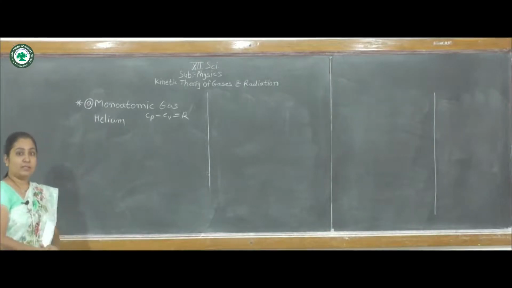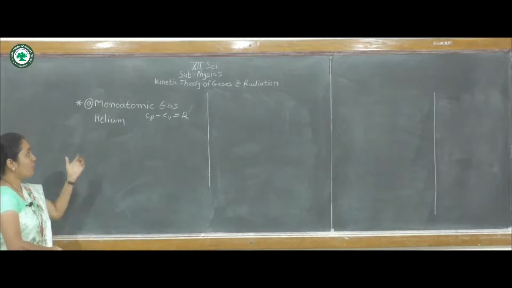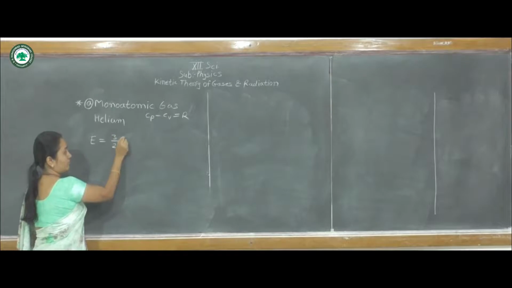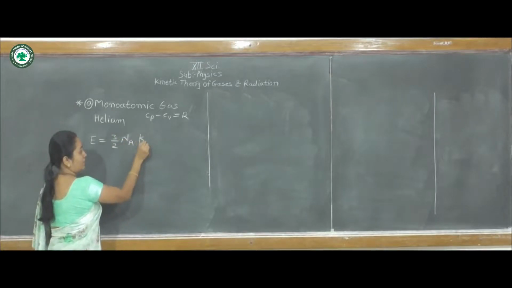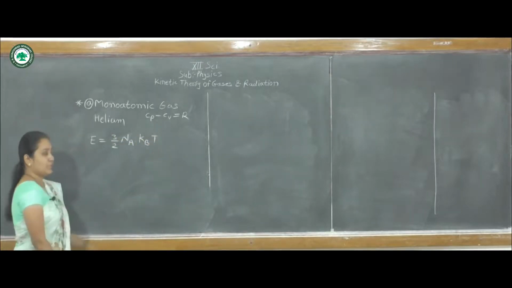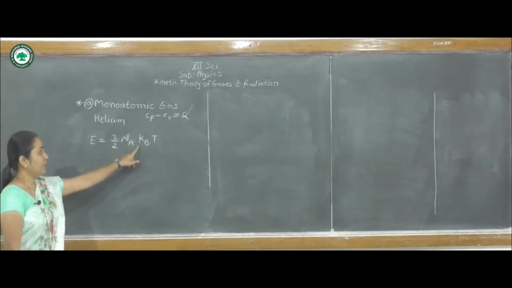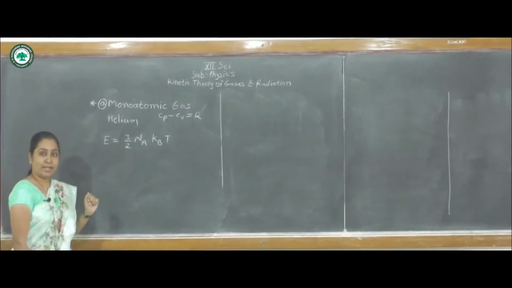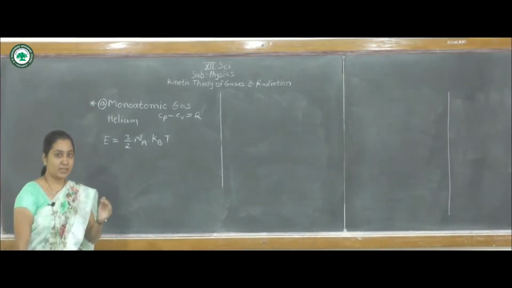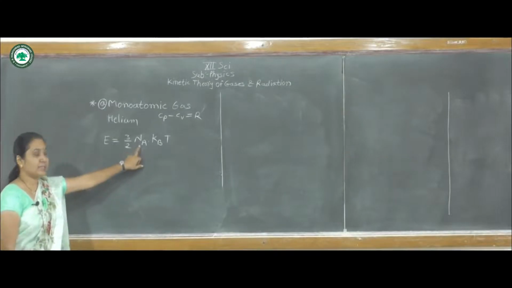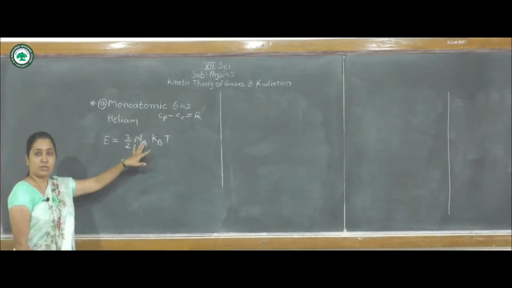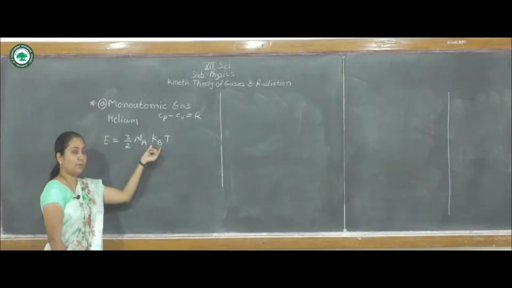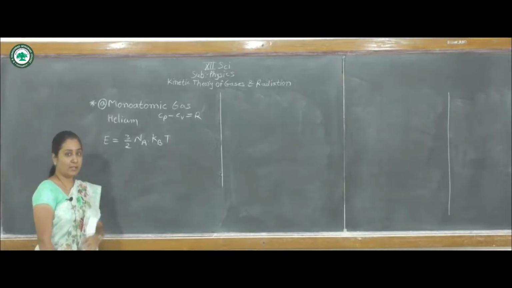So the total internal energy for monoatomic gas is given by E is equal to 3 upon 2 Na Kb T. So here monoatomic gas has 3 translational degrees of freedom. Na is the number of atoms in this monoatomic gas, Kb is the Boltzmann constant and T is the temperature.